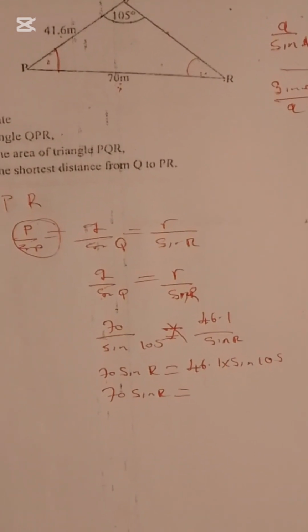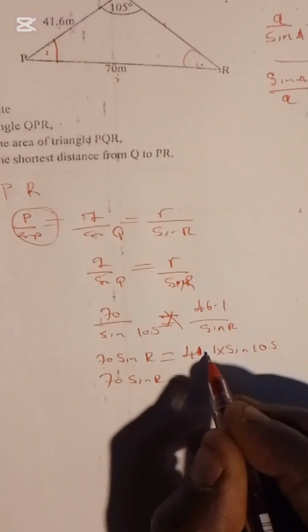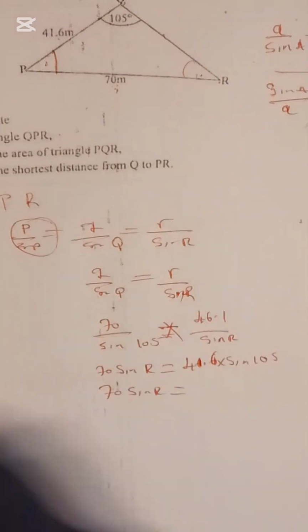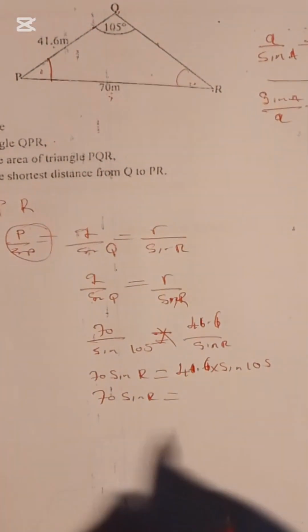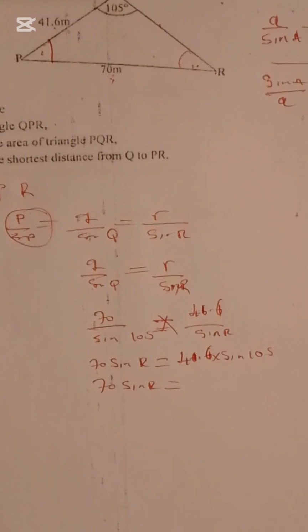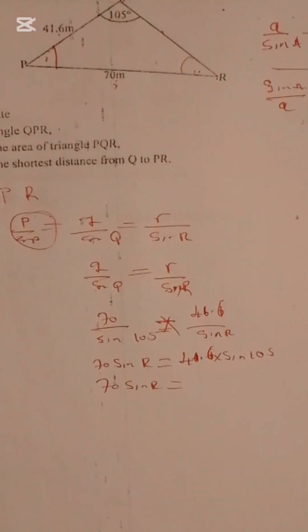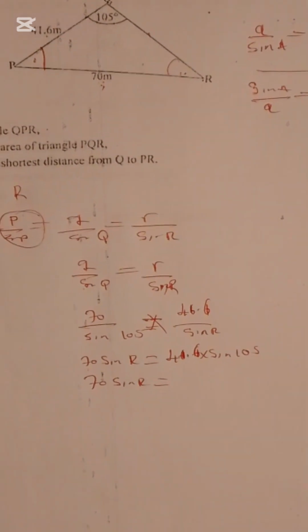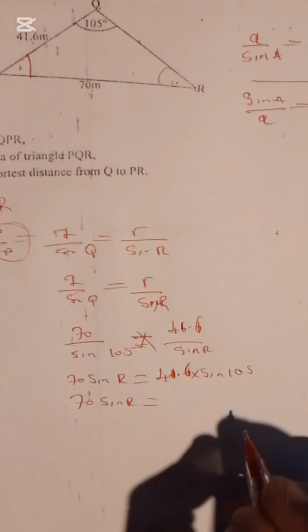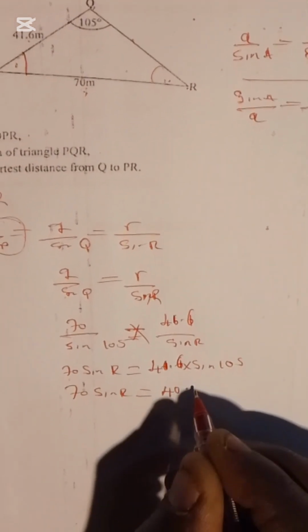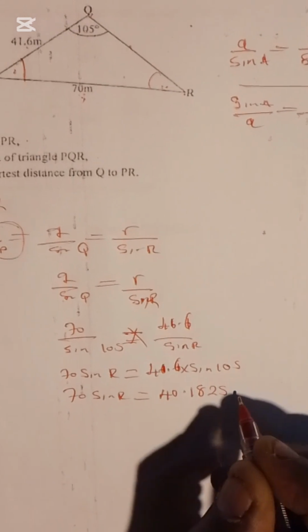Actually, this one should be 41.6, I beg your pardon. So in this case, it will be 41.6 times sine 105. So this one will give us 40.1825437.